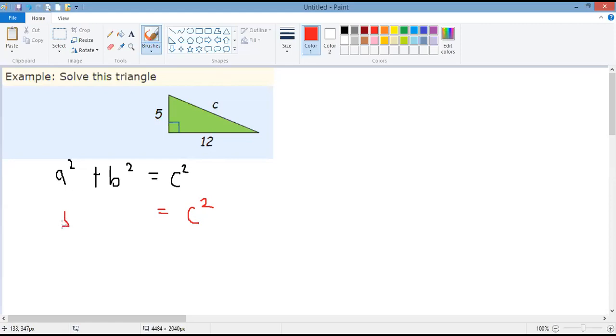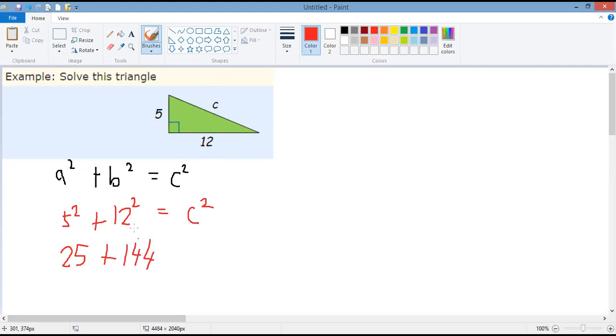So you have 5 square plus 12 square. Or you can write 12 square plus 5 square, also the same thing, because later you have to sum up together. 5 square equals 25. 12 square equals 144.